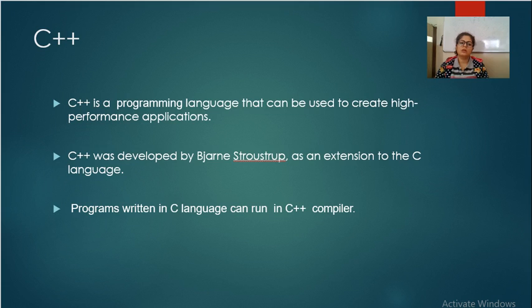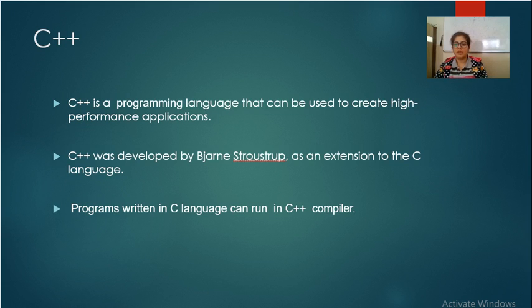Once we have decided what we have to do, what type of software we require, what problem we are designing the software for, and what tasks we want to perform with it, the next step is to use a programming language to develop the software or program.